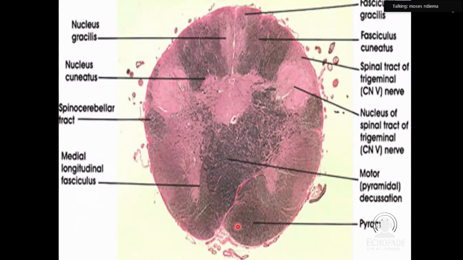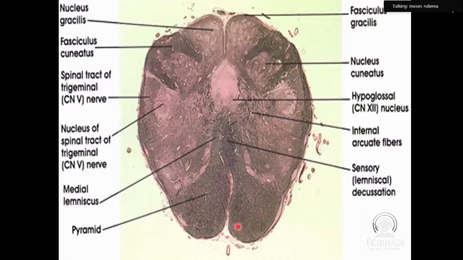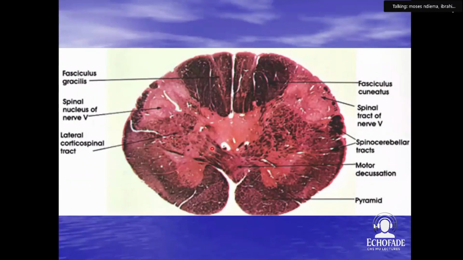That is what we are calling the motor decussation. At this motor decussation, fibers cross over from the pyramidal tracts before going to the spinal cord as the corticospinal tract, as opposed to sensory decussation.